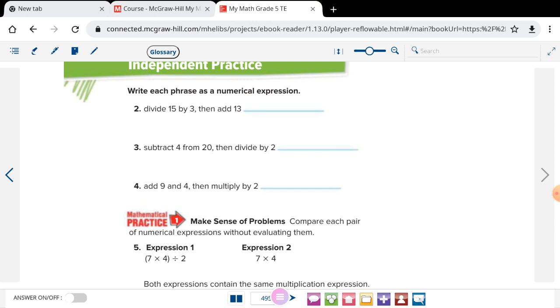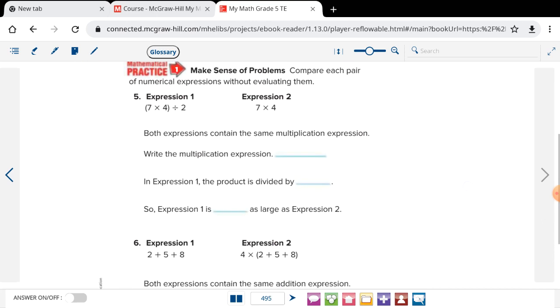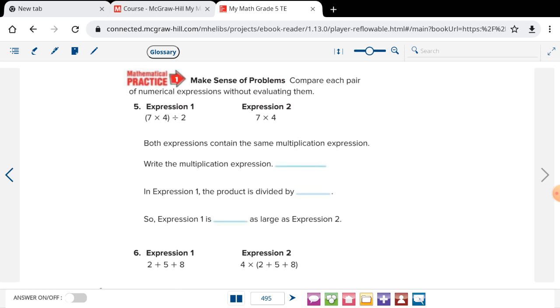Okay, let's keep moving. This one says expression 1, the quantity 7 times 4 divided by 2. Expression 2 is 7 times 4. Write the multiplication expression. Caden, what is my multiplication expression in that problem?